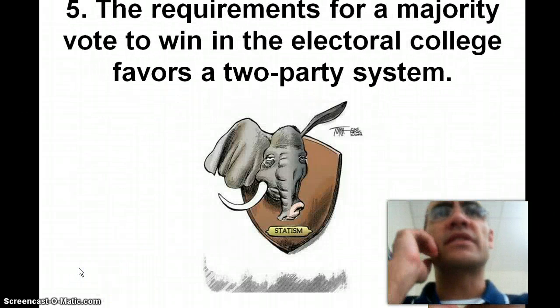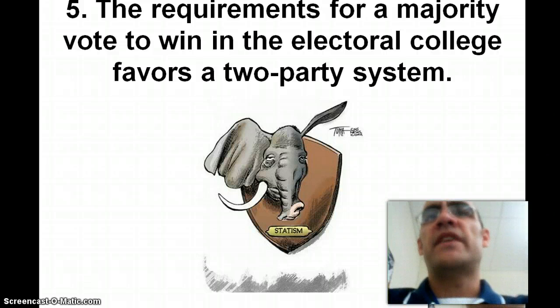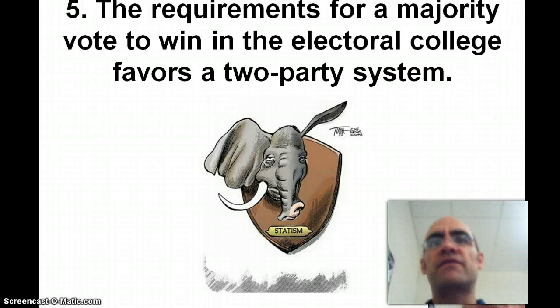Something else the Electoral College system does is it continues to favor a two-party system because it's very hard for third parties to win in a winner-take-all system. So if I'm a voter and I know that the third party I like never has a chance, is not going to win the state that I live in, then I feel like I'm throwing away my vote.